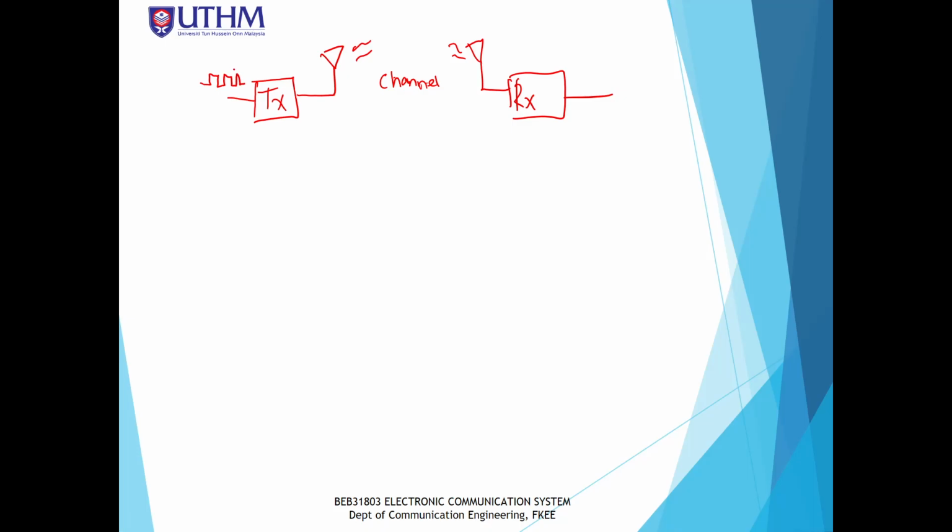So we have digital input with logic 101010, and we want to transmit this signal across the wireless medium. When we want to transmit in the wireless medium, we need to convert the input into electromagnetic waves that are suitable for transmission. The frequency that we want to use is a higher frequency, in the range of radio frequencies.